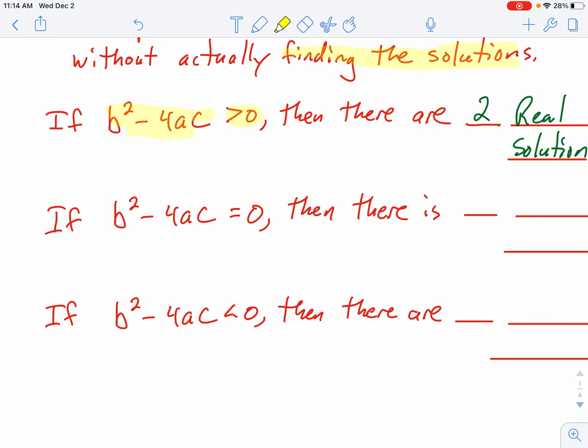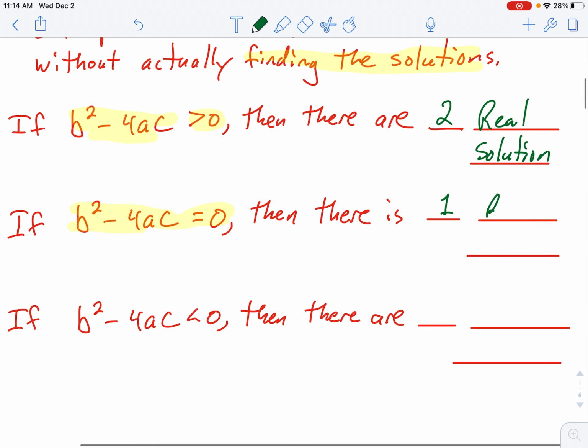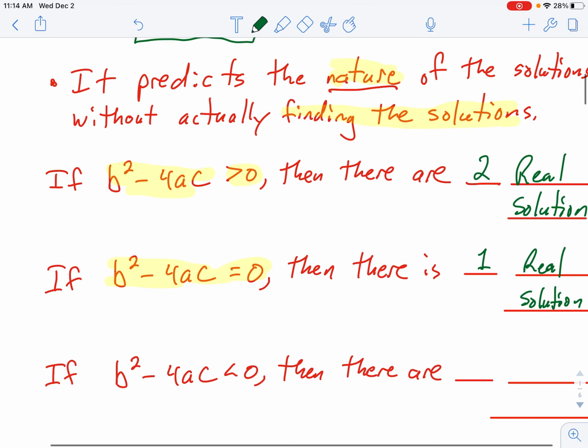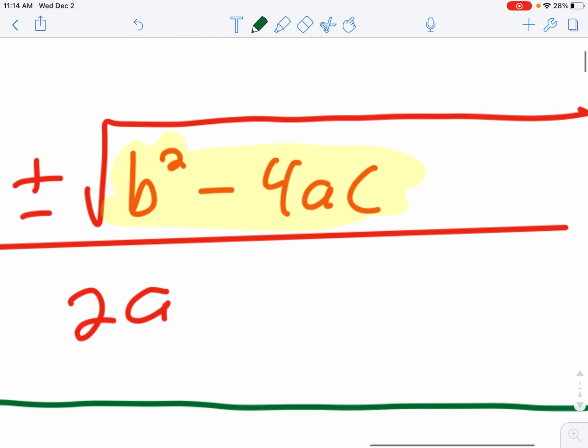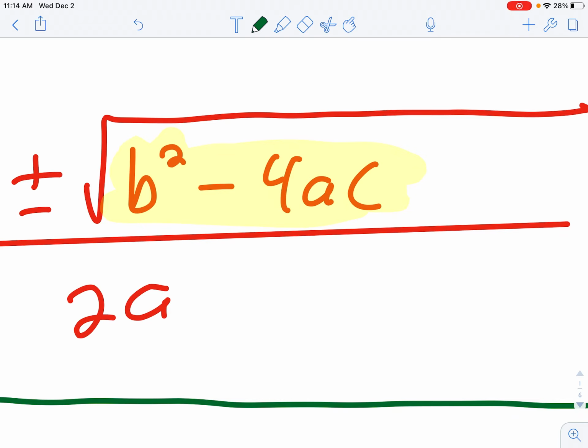On the other hand, if b squared minus 4ac, the discriminant, equals 0, instead of being greater than 0, that means there is one real solution. What's up with that? Well, again, if we just do the square root part of this formula and it's 0, what is the square root of 0? Okay, the square root of 0 is 0.